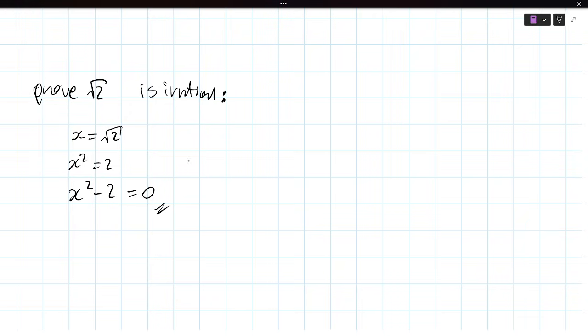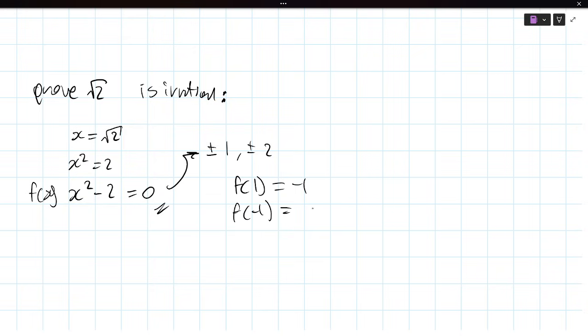The only possible candidates by the rational root theorem for rational roots of this polynomial are plus minus 1 and plus minus 2. Now, if I call this f of x, I can check that f of 1 is not equal to 0, it's minus 1.